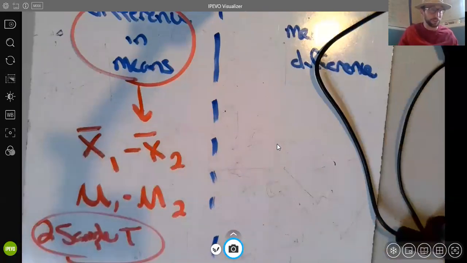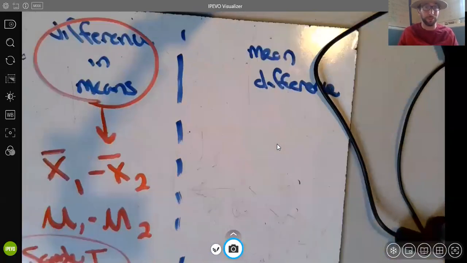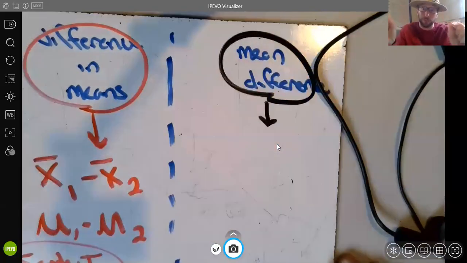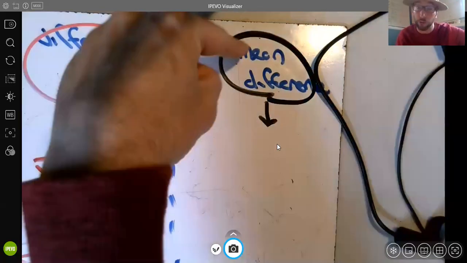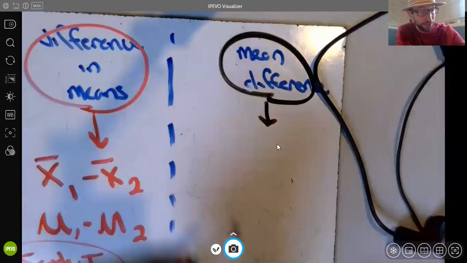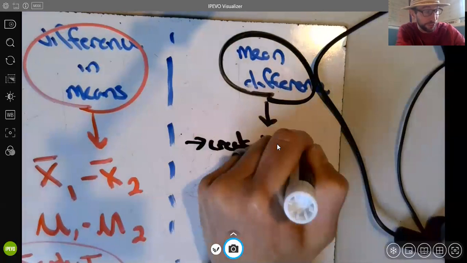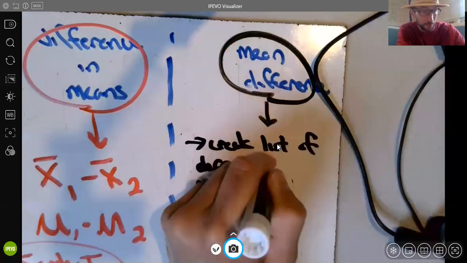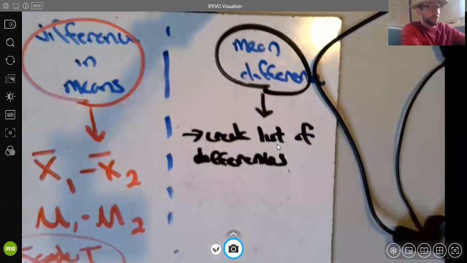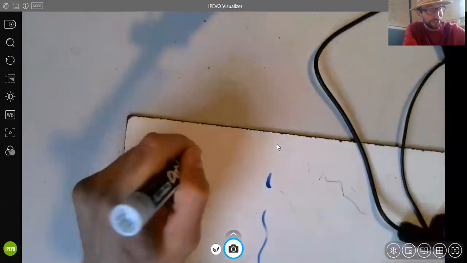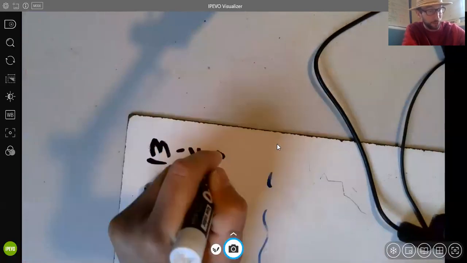But mean difference means something very different. A mean difference is not saying you look at two averages and find the difference in them. A mean difference is saying you find an average of the differences. So we first create a list of differences. By that I mean we would take each men's time minus each women's time, and then we would create an entirely new data set.